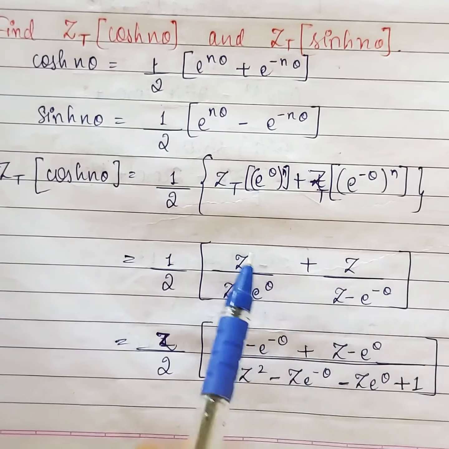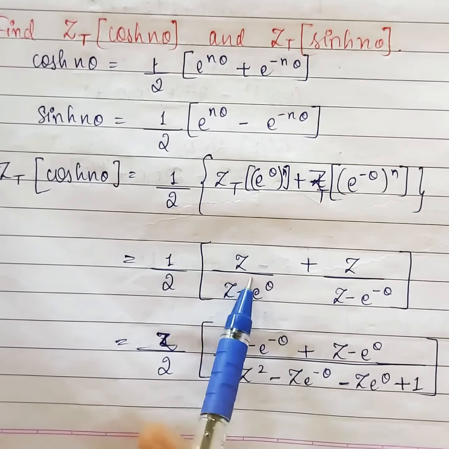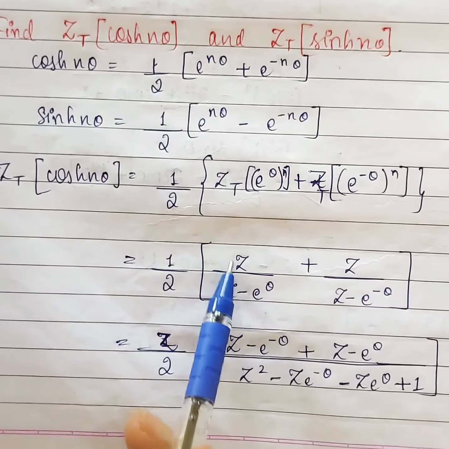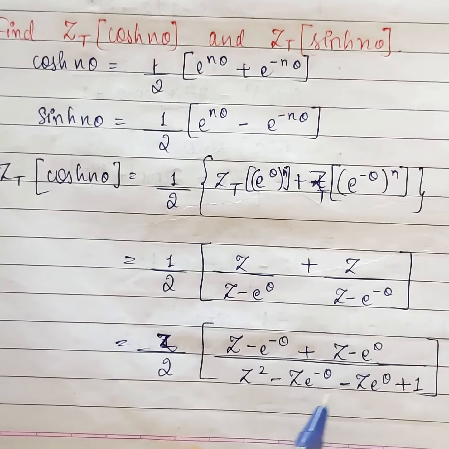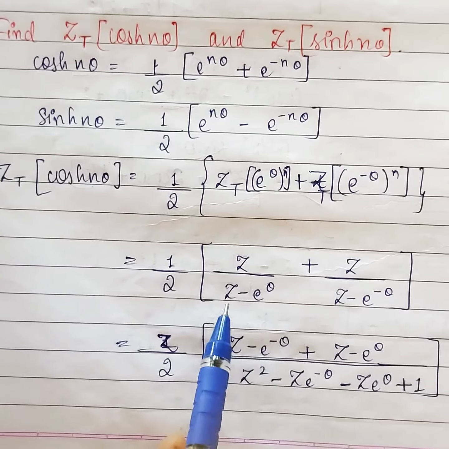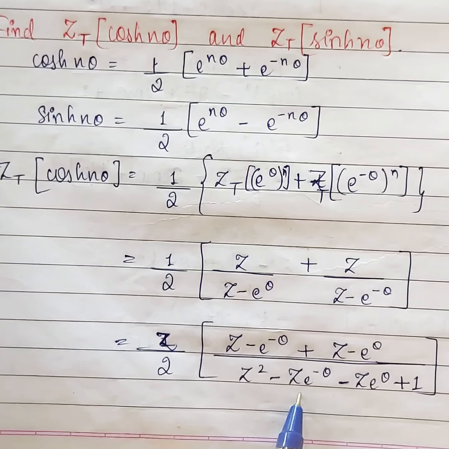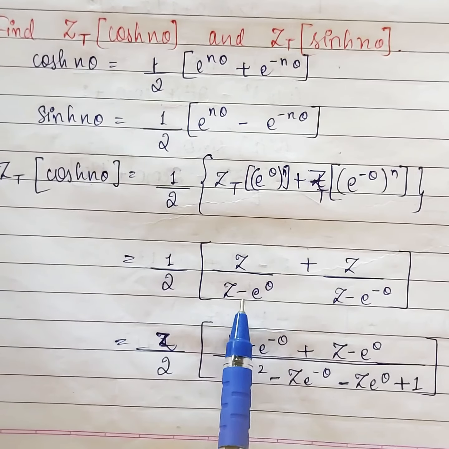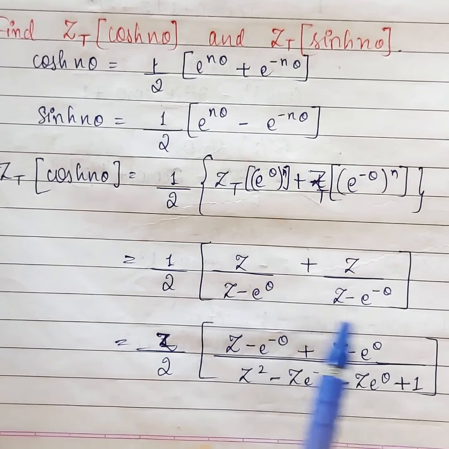Now we have to take the LCM. So z is common for both, so we can take it out. Then (z minus e power minus theta) plus (z minus e power theta), divided by, now we are multiplying, z into z, z square, then minus z e power minus theta, minus e power theta into z, then the last one, minus of minus will become plus e power theta into e power minus theta.